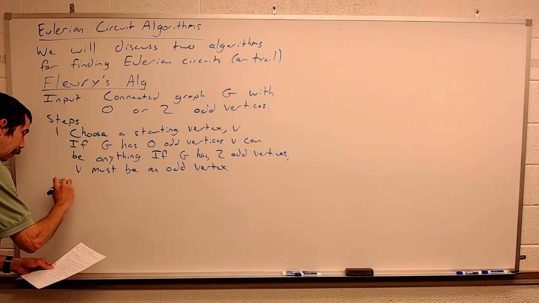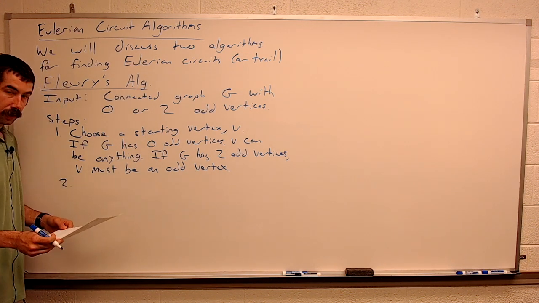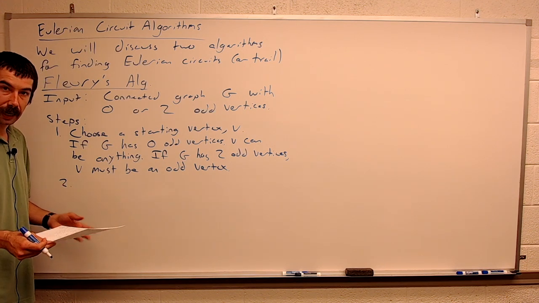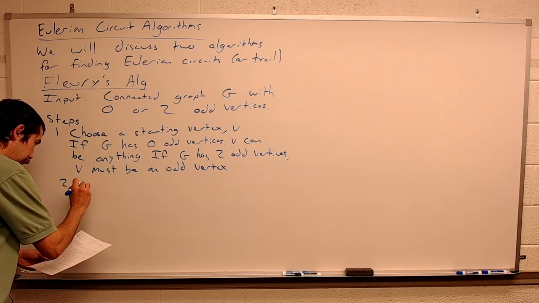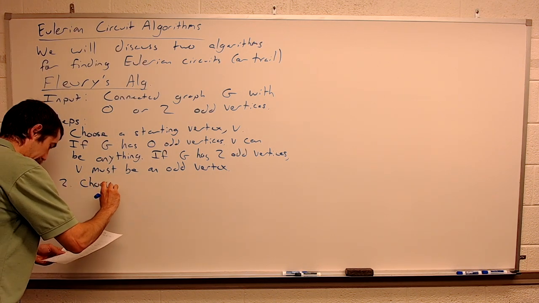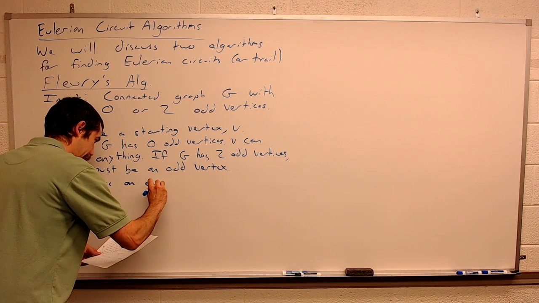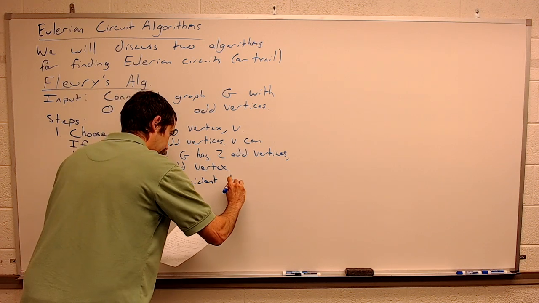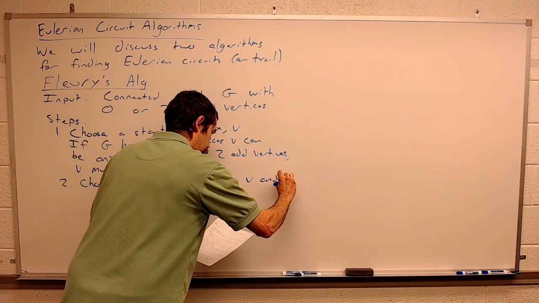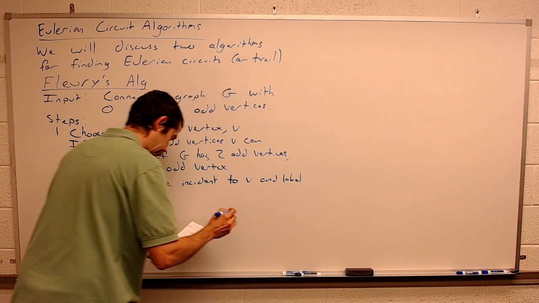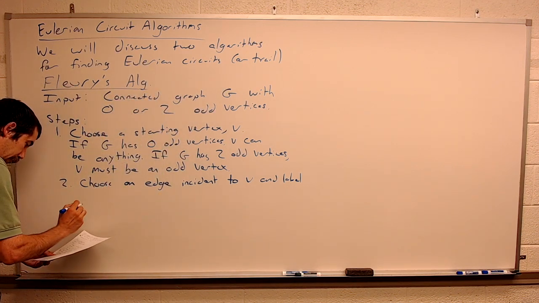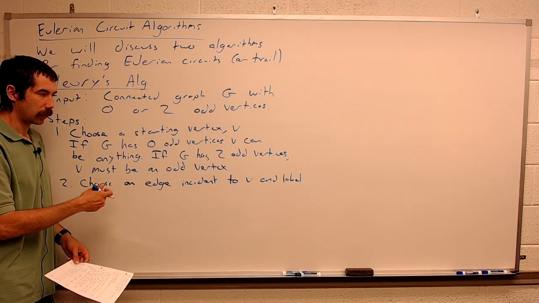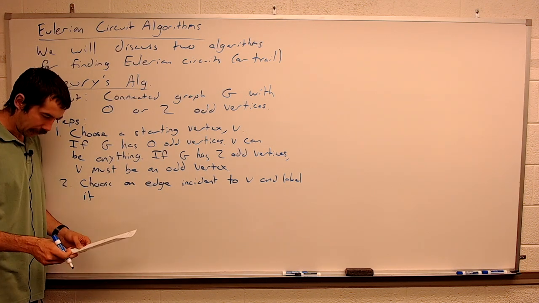Okay, next step, we're going to choose an edge that comes out of V, and we're going to label it. Okay, so we're going to choose an unlabeled edge out of V and label it.